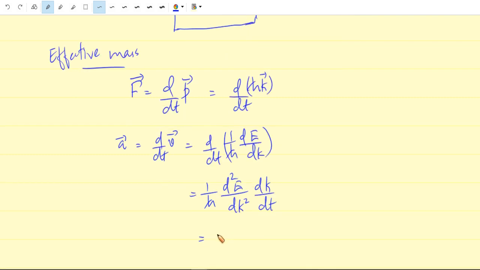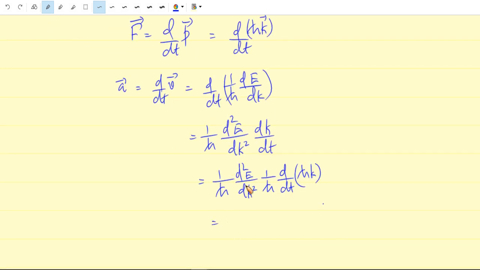This is equal to 1 by h cross d square E by dk square into d by dt of k, which I can write as 1 by h cross square d square E by dk square into d by dt of h cross k, and d by dt of h cross k is force.